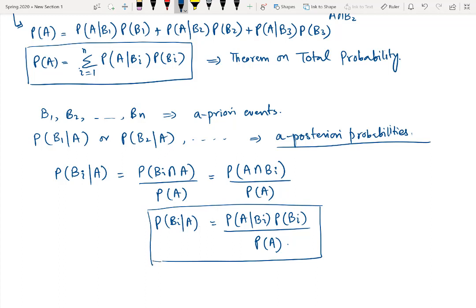How? If you see, this probability of Bi is already known. Why? Because this is a priori probability. And this probability of A, how can we compute it? This can be computed by using the theorem on total probability.